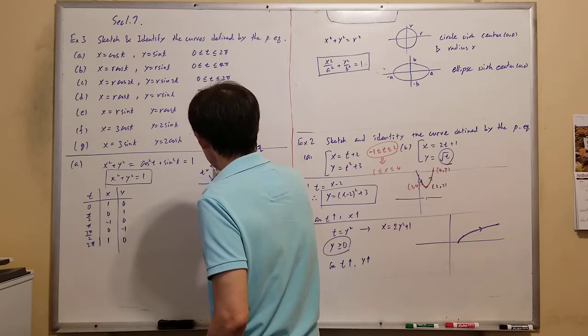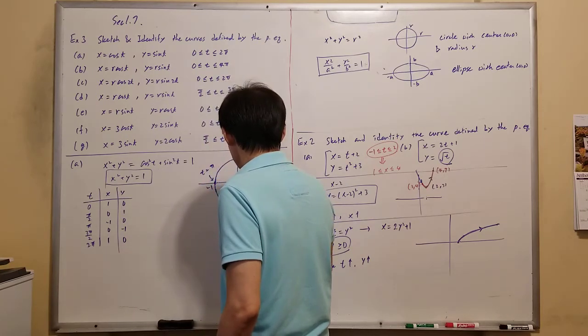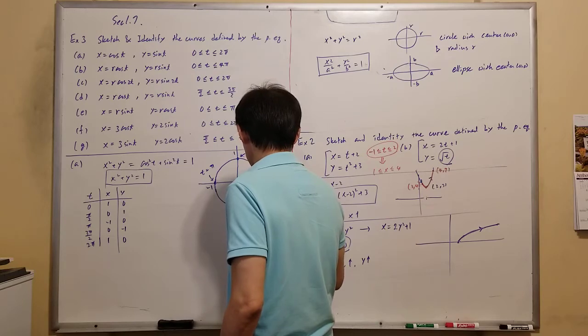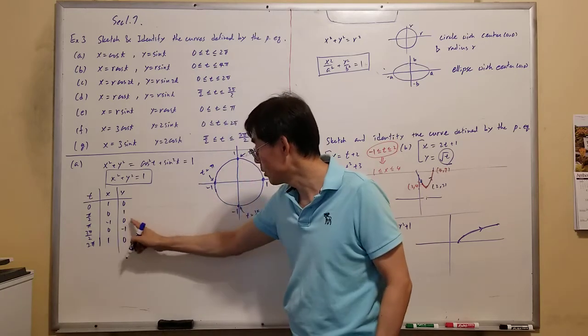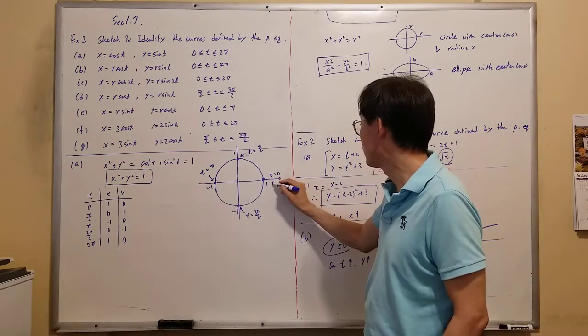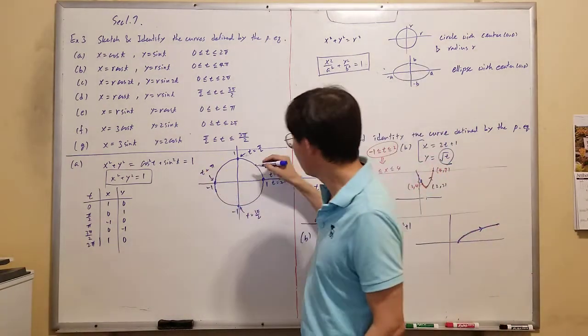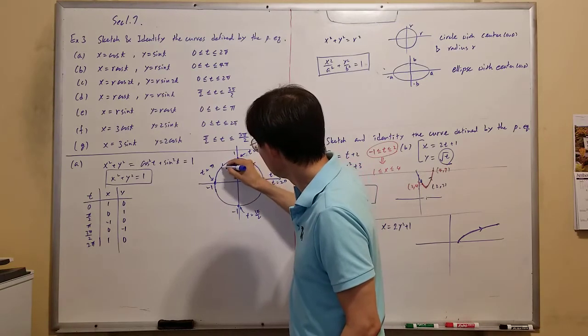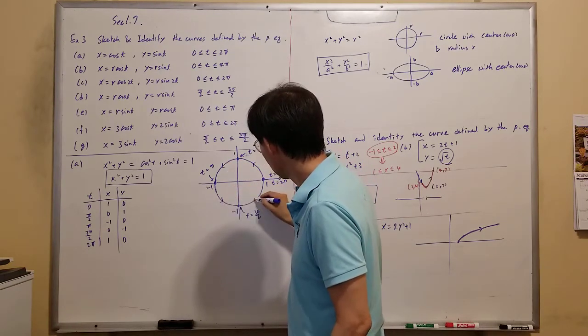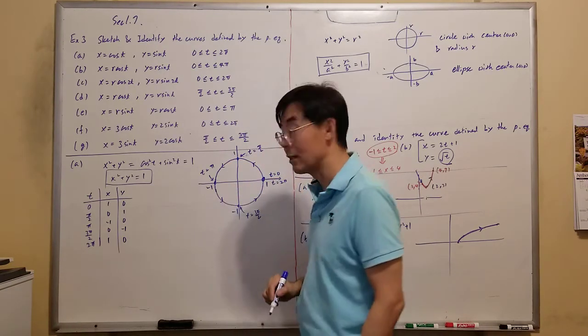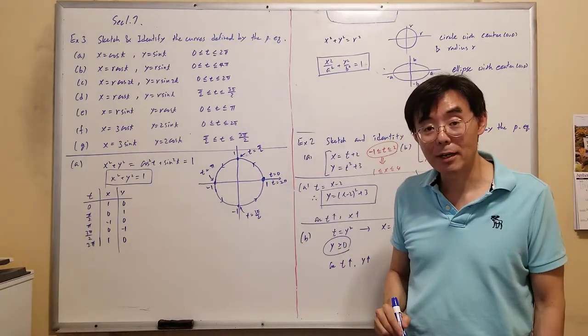Negative 1, 0 at t equals pi. 0, negative 1 at t equals 3 pi over 2. And back to 1, 0 at 2 pi. Yeah. And if you consider the other t values, you will find that this is going through the circle counterclockwise, starting from here. Okay?